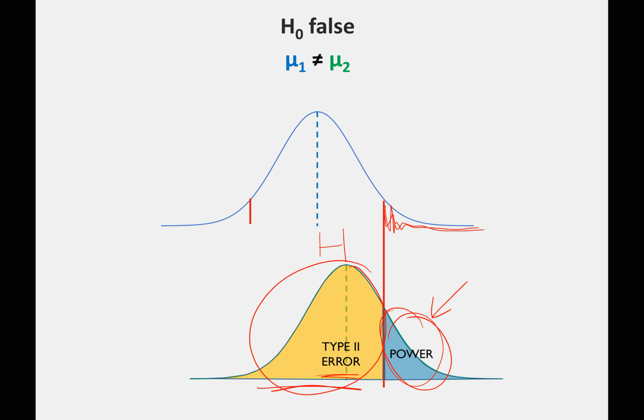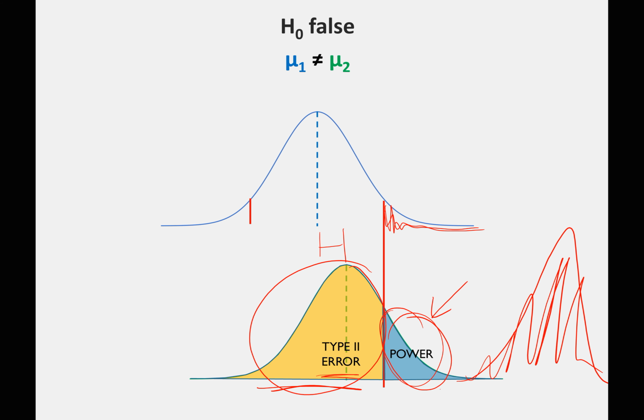So we could imagine even another case where maybe that curve's way out here. Well, then basically everything we would be able to detect, right? So if there's a humongous effect size, then we're going to have a massive amount of power. We're very, very likely to be able to find that effect if it's a really big effect.